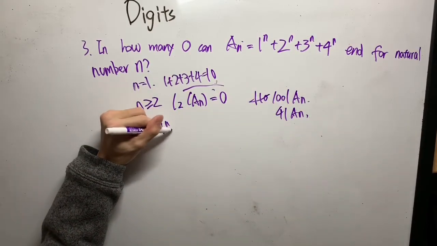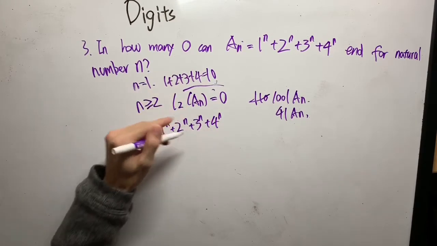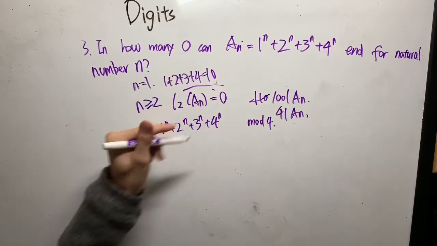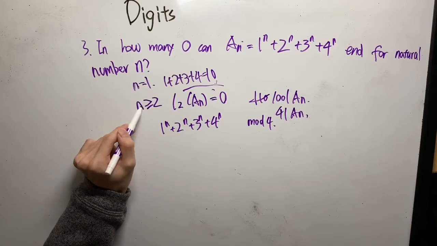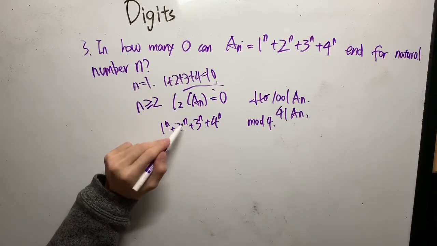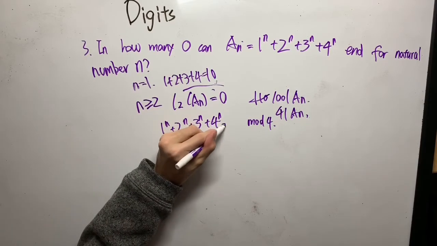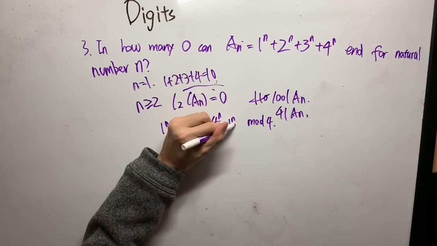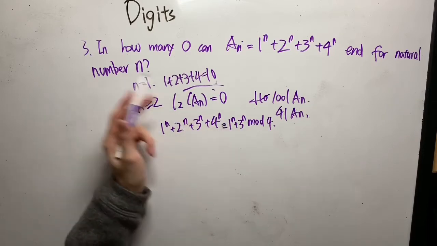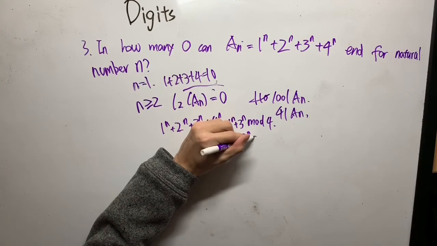If 1^n plus 2^n plus 3^n plus 4^n is under the modulo of 4, if n is bigger than or equal to 2, then 2 to the n must be divisible by 4, and 4 to the n must be divisible by 4. Thus, this is congruent to 1^n plus 3^n. And 1^n is always 1 because n is a natural number. Thus, this is congruent to 1 plus 3^n mod 4.